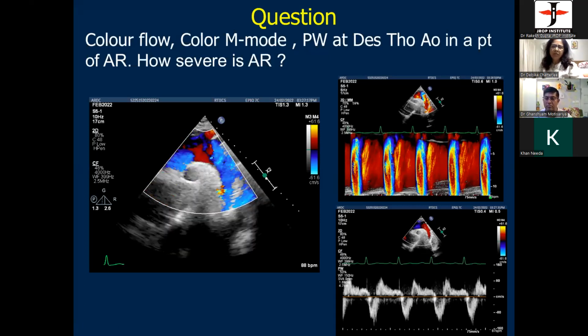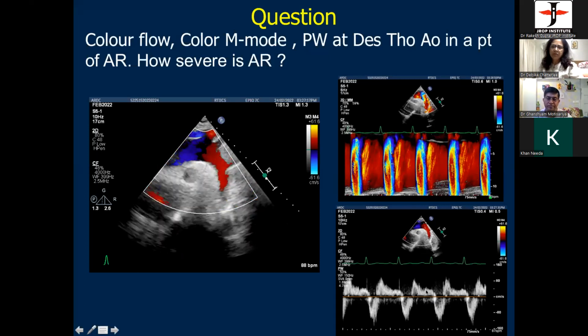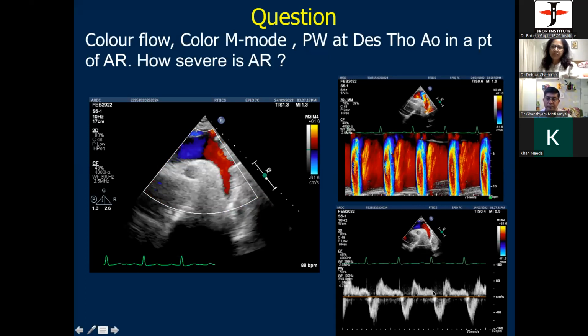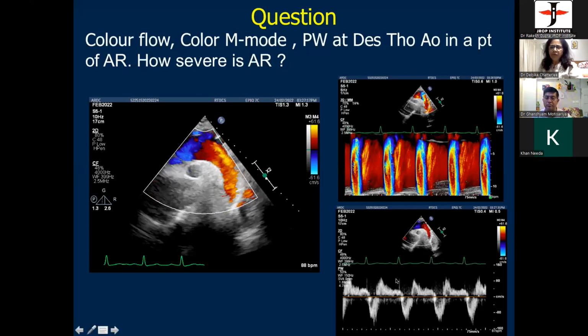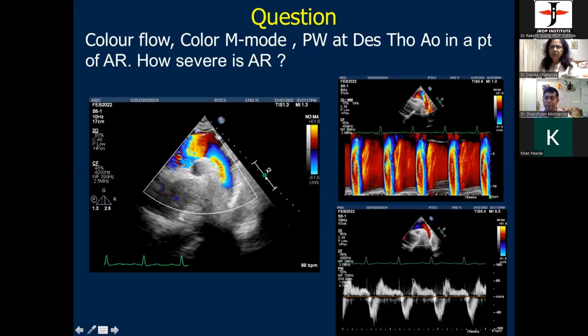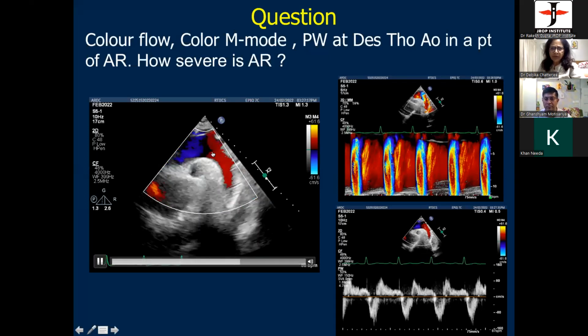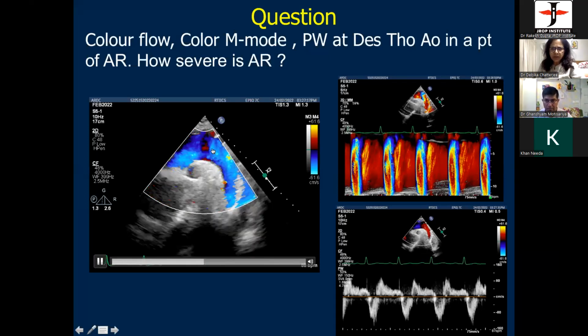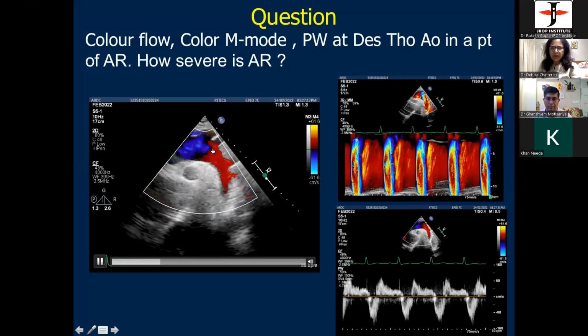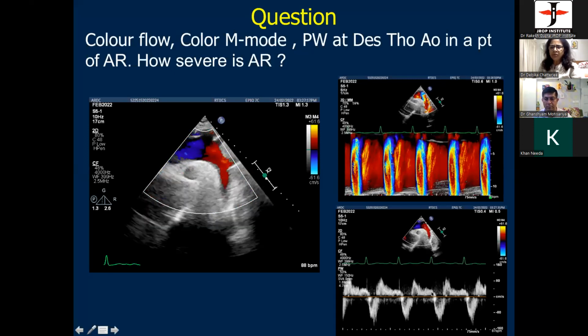Above the baseline, ma'am, is the AR jet. Flow reversal, not the AR jet. Because I have kept the sample volume here, we are looking at the flow reversal in the descending thoracic aorta. It's holodiastolic flow reversal.